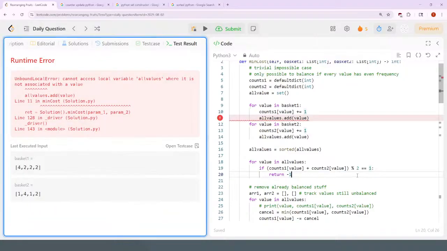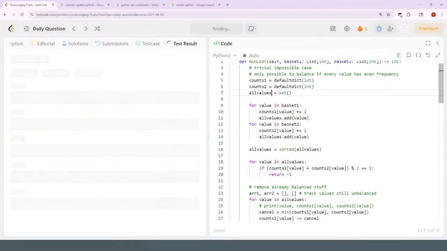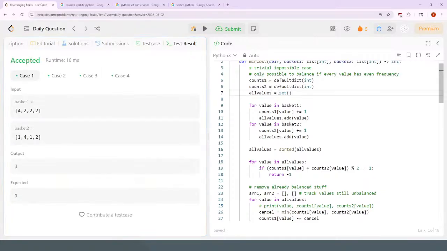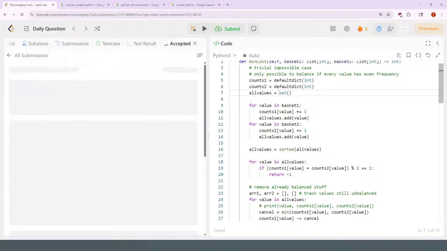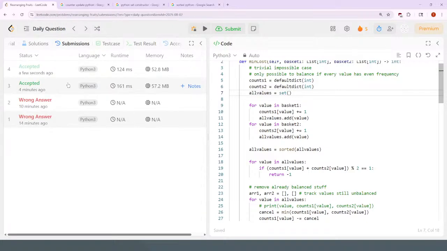Okay, I think this is still working, all values. It's still going to work. But it might be a little faster because I got rid of some of the... It is slightly faster now. 124, 162.